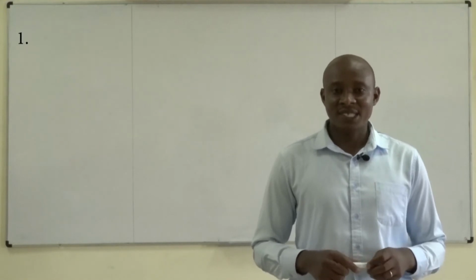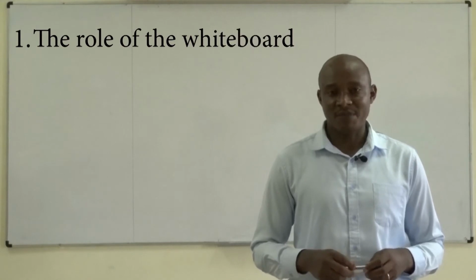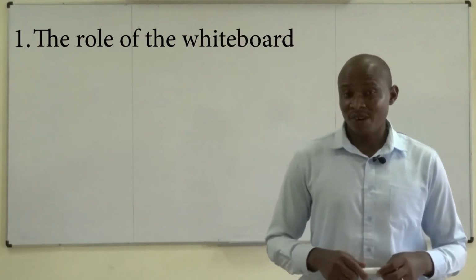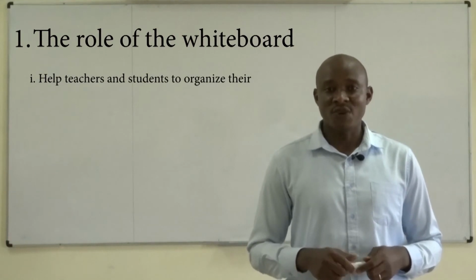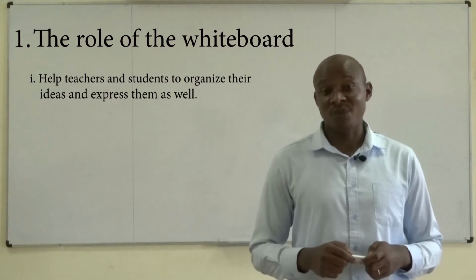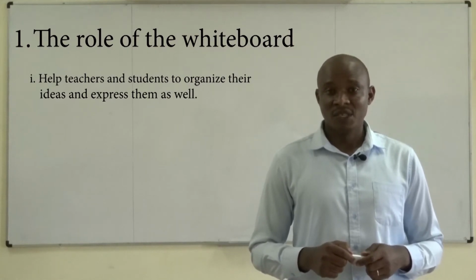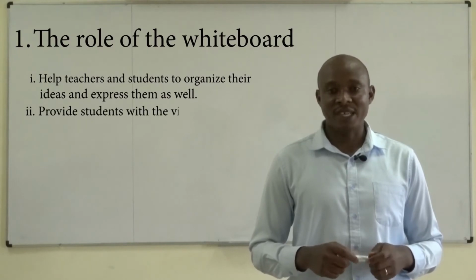Now I'll address objective number 1, the role of the whiteboard. The first role is that it helps teachers and students to organize their ideas and express them as well. Two is that it provides students with a visual effect.